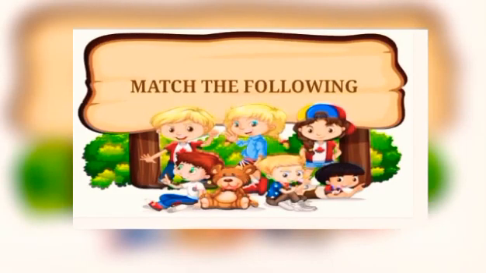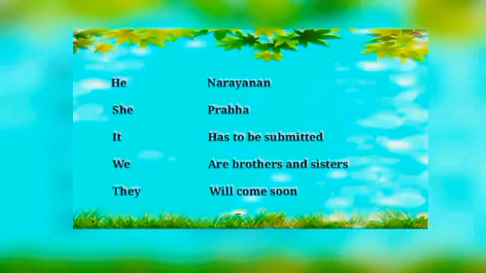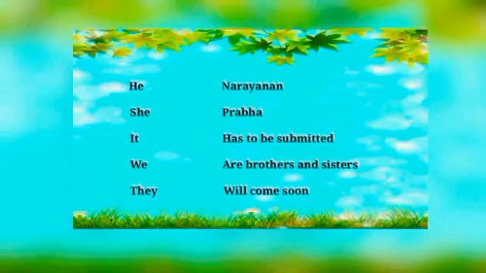Okay children, now let's go to match the following from given pronouns. He, Narayanan, which means he and Narayanan refer to a boy and a man. She, Prabha. She and Prabha refer to a girl and a woman. It has to be submitted. It is used for a thing or an animal.